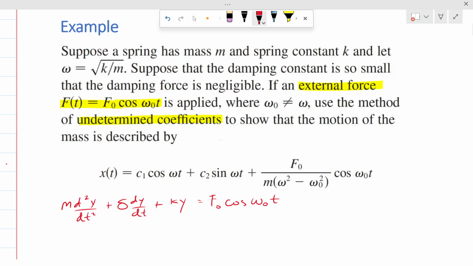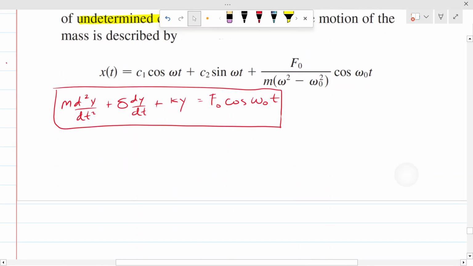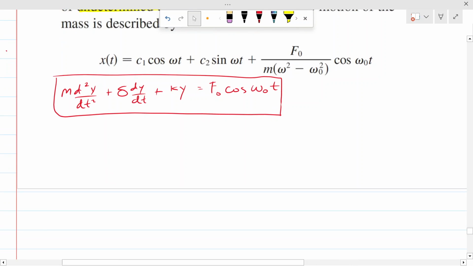This is a second order non-homogeneous differential equation with constant coefficients. In order to solve this differential equation, we need to know two elements. The solution is comprised of yc plus yp, where yc is the complementary solution of the left hand side.